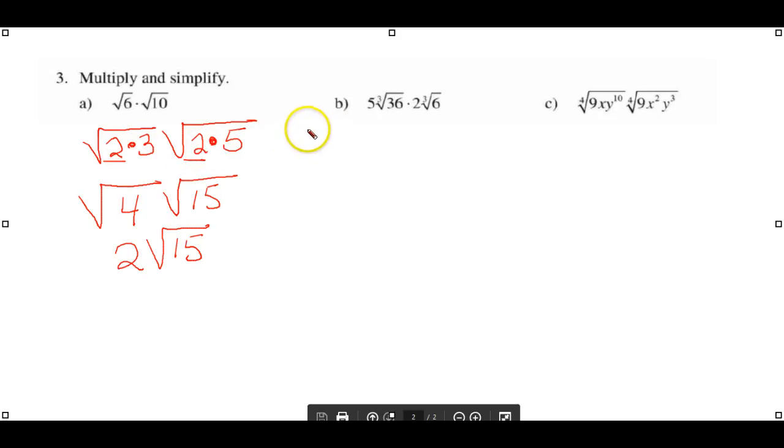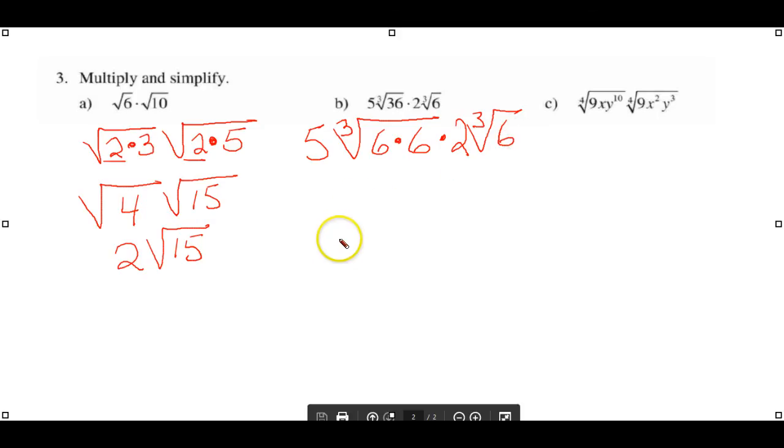Alright, let's do this one. This is 5 now. The 3rd root of, I'm going to factor the 36 into 6 times 6, and then this is times 2, the cube root of 6. Now again, we're asked to simplify this.